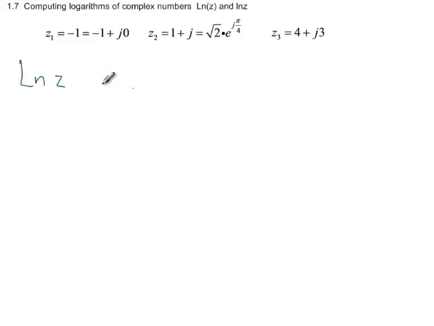So this Z, I can write it as equals to logarithm, capital letter again, logarithm of r e to the power j brackets theta plus 2k pi.